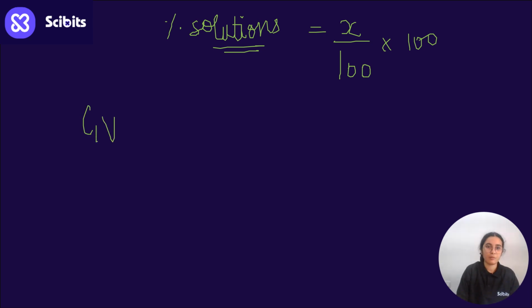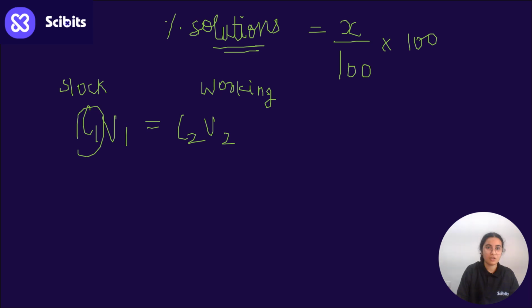There is one more formula, C1V1 equals C2V2. This is for the stock and this is for the working solution. This is the concentration of the substrate in the stock solution, the volume of the stock solution you are using to create your working solution, and this is the concentration of solute in the working solution and the volume of the working solution. Okay.